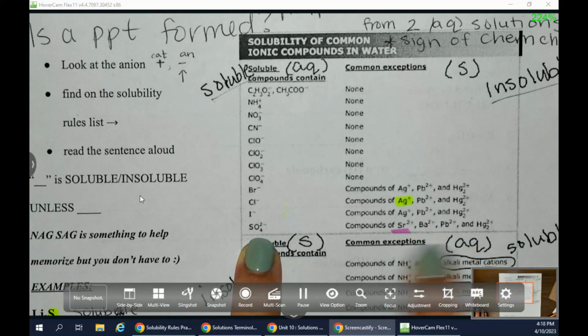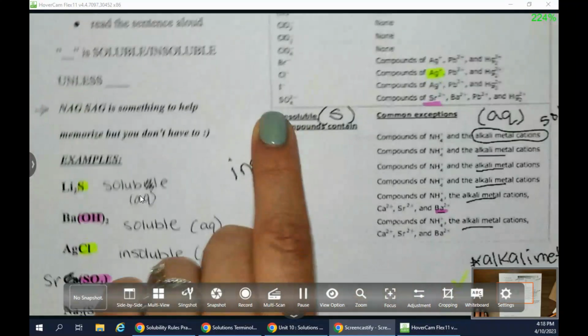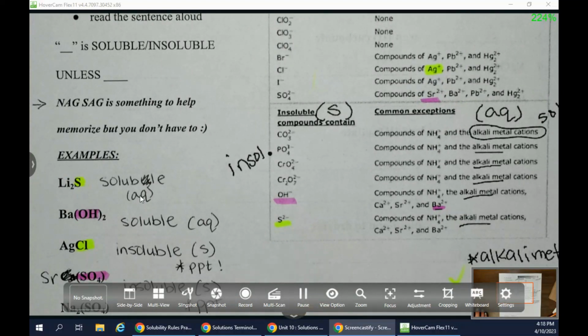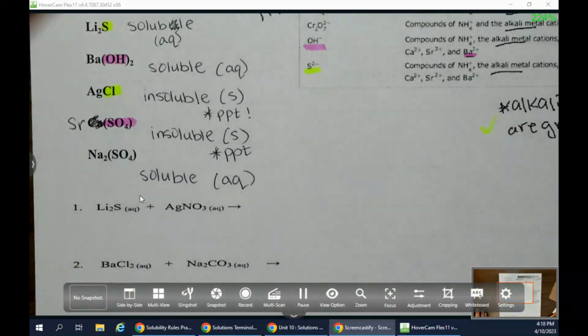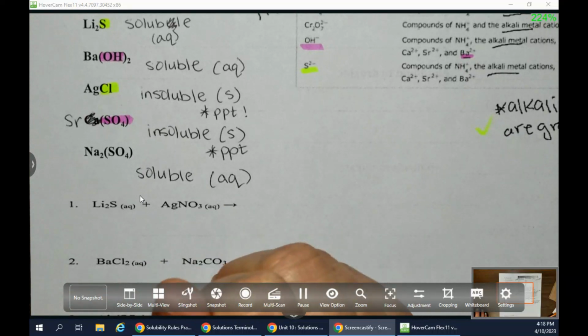No, sodium isn't any of those. So now that tells us that it's soluble, which is aqueous. Okay? So tomorrow, when we're going through this, you're going to take these and you're going to be doing a double replacement. Okay? We'll continue then. All right.